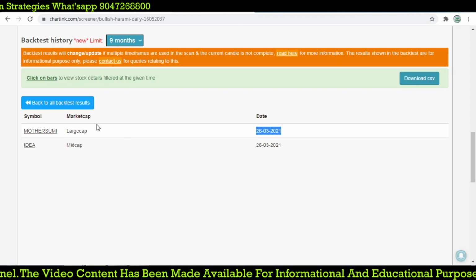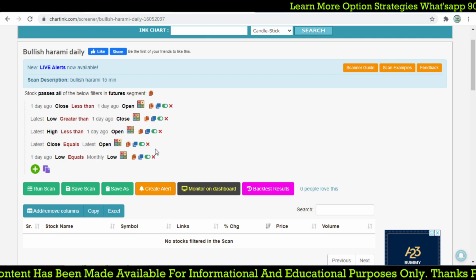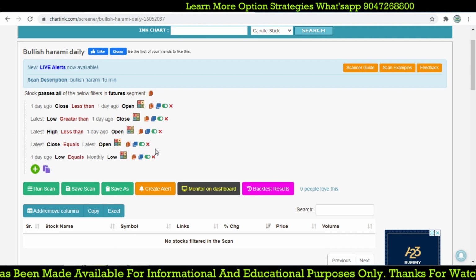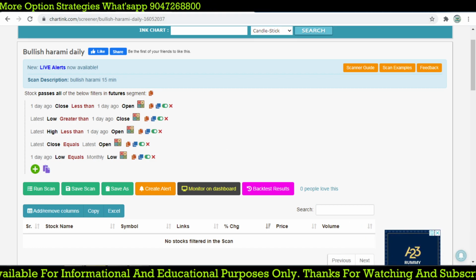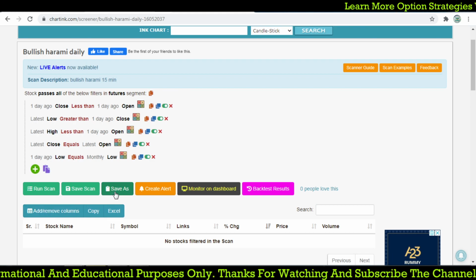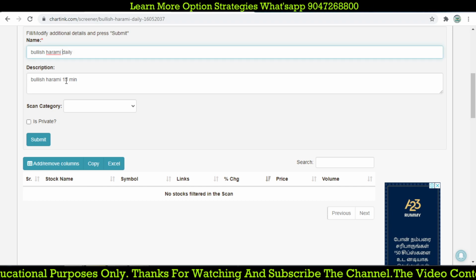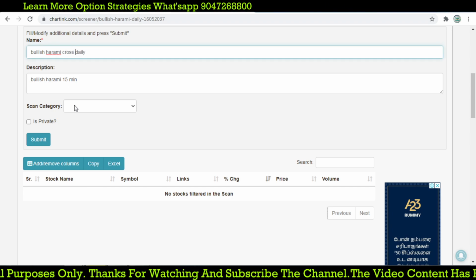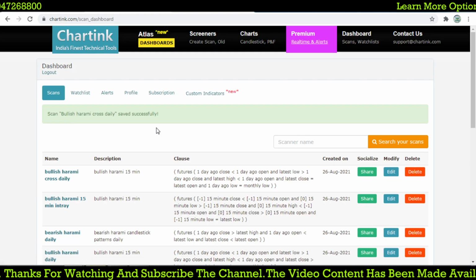So we will save this scan as bullish Harami cross. I hope this may be useful. Okay, we'll submit it. Done.